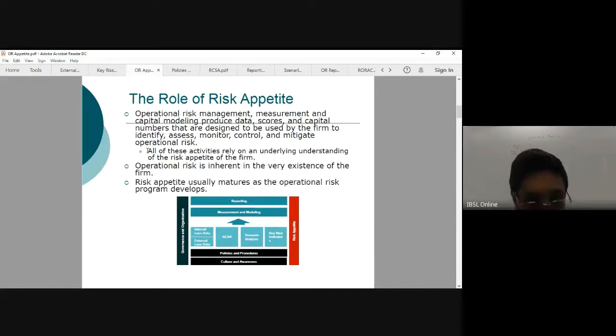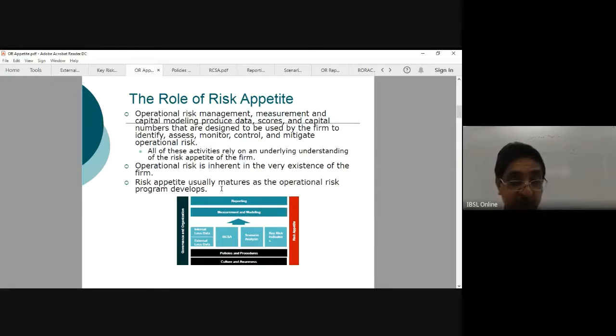You can't really avoid that because it is there. It is inherent in all operational activities. Now, risk appetite usually matures as the operational risk program develops.